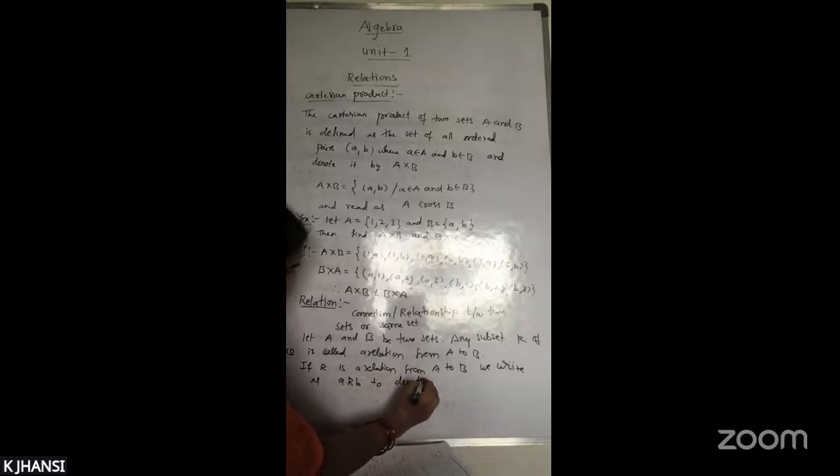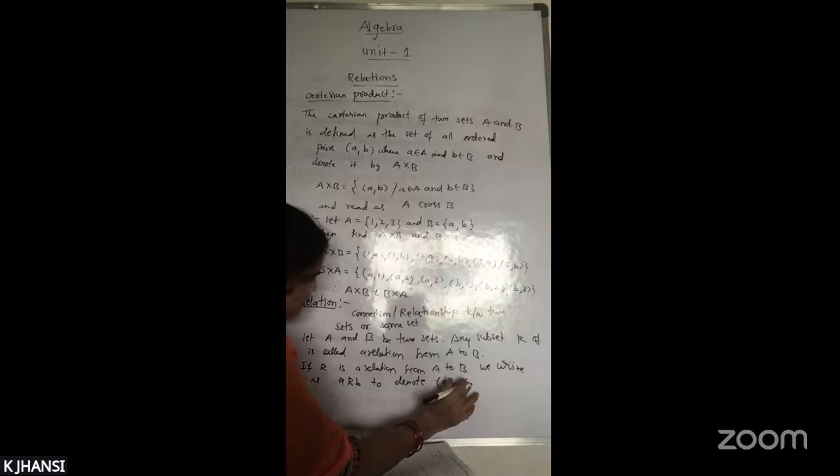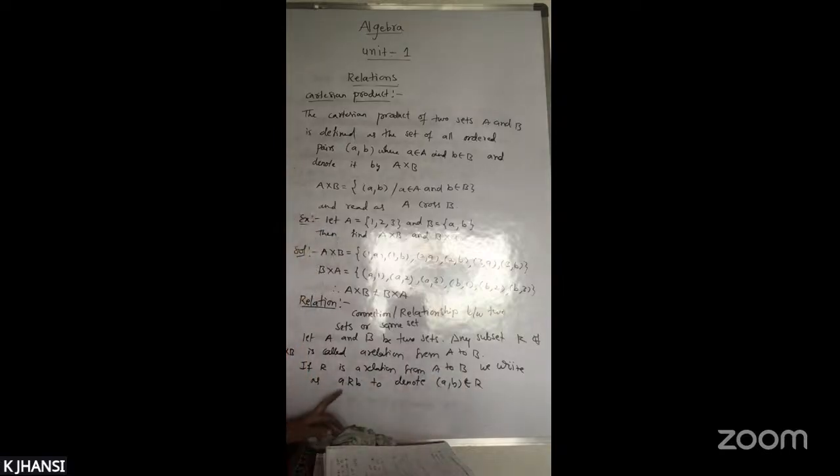Even like this also we can write: the ordered pair A comma B belongs to R. This is also a symbol for the relation. R is the relation here, A relation B. We denote it as the ordered pair A comma B belongs to R. So here R is a subset of the cross product A cross B.